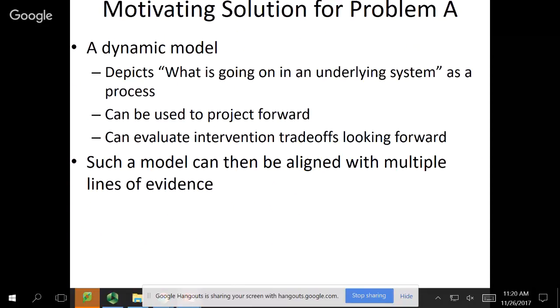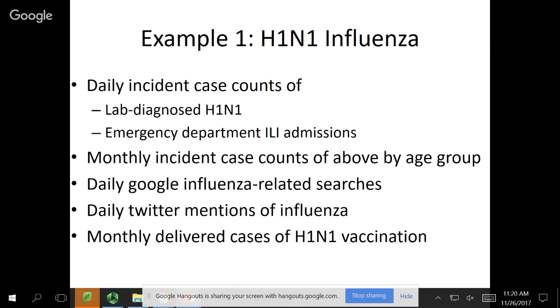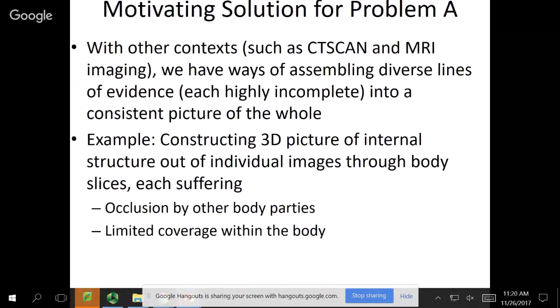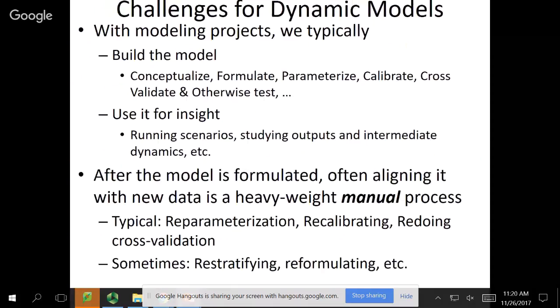It depicts the current situation of the system and allows us to project it forward. So to some degree, particle filtering, when it's conducted with many types of inputs simultaneously, can be analogized to something like what we do in imaging, putting together multiple lines of evidence into a dynamic model. There are many other applications as well.